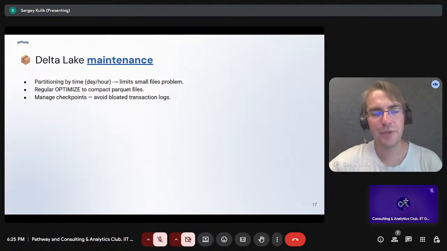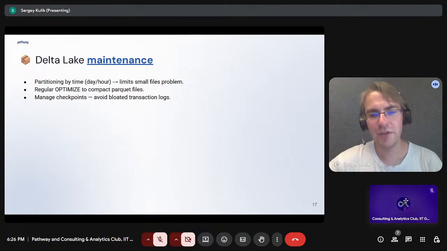If we have the partitioning by day or by hour, we can order Delta Lake to compress all data that we have within a single partition, let's say within a single day, into one big chunk. It's much more robust and efficient to then process this data with whatever compute you have, for example, Spark.